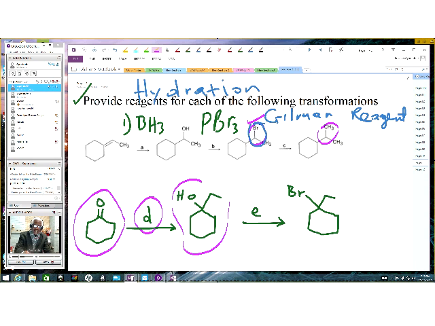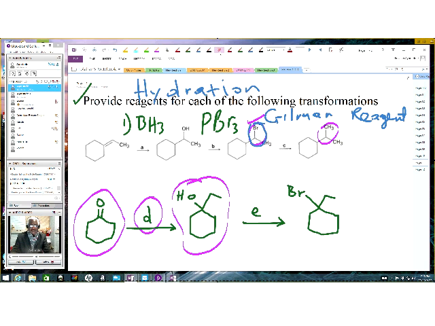In the process, you can see here, we are forming a new carbon-carbon bond. So what reagent do we need for problem D?